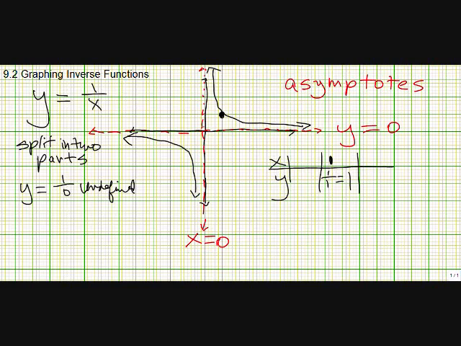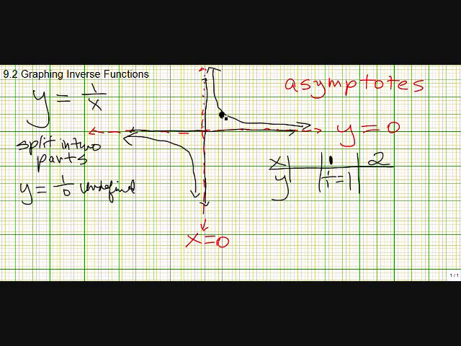So let me just get 2 more points. One a little bit to the right of this locator point at x equals 2.